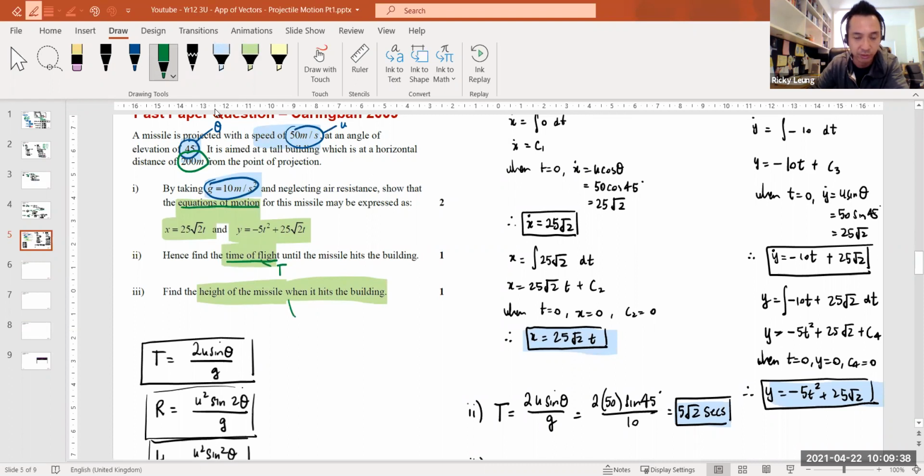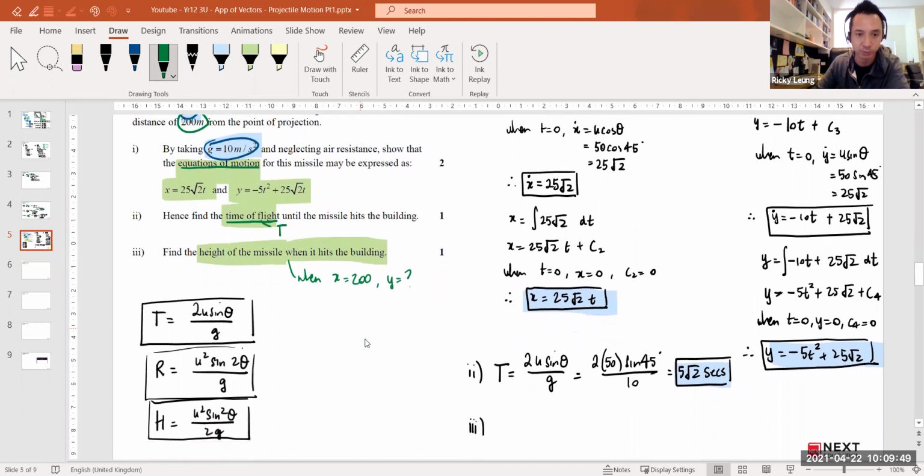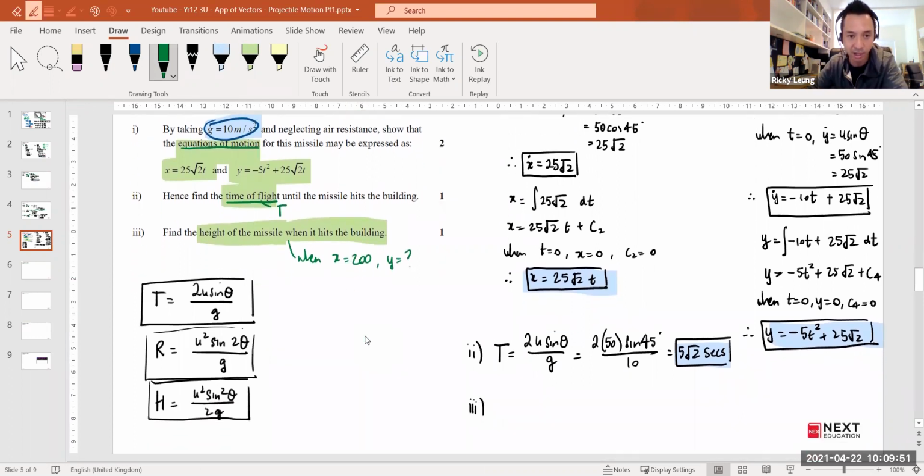So find when x equals 200. They want the y value, right? It feels like a two-step process. I'm going to find the time it took for x to be 200, and then sub that time into y. Easy, right?